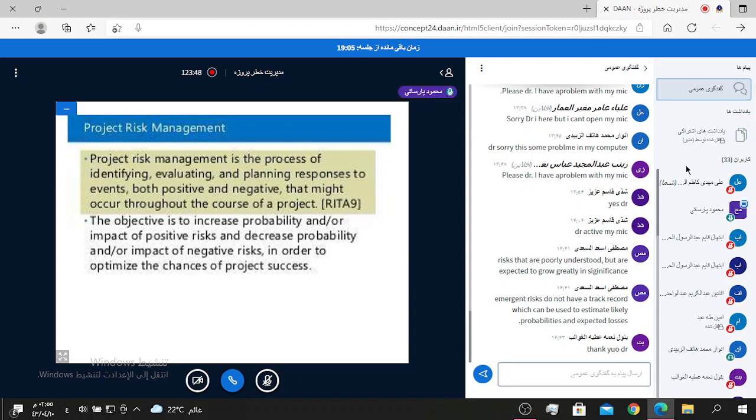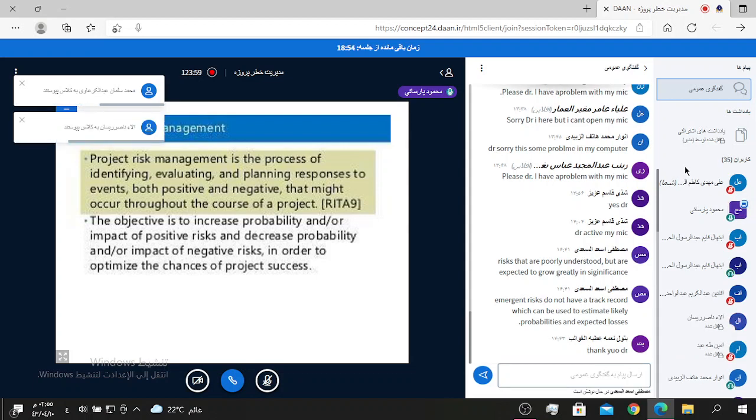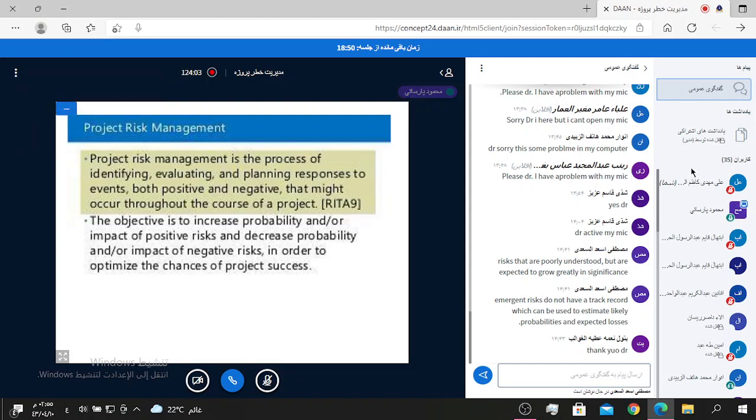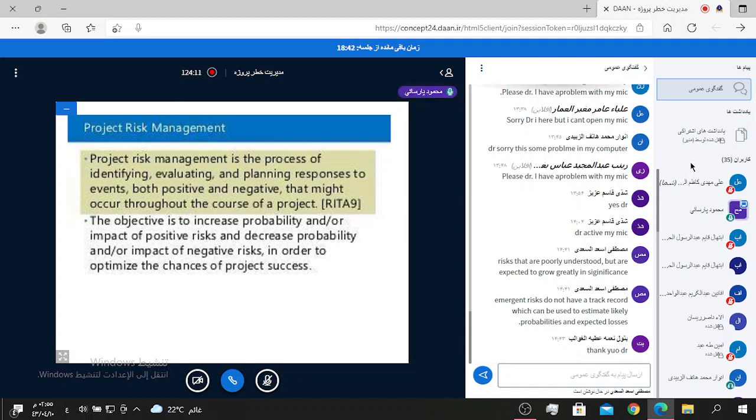Okay, Mr. Assad, about the first part, risks that are poorly understood but are expected to grow greatly in significance. Yes, of course. But we will be sorting and ranking the risks.